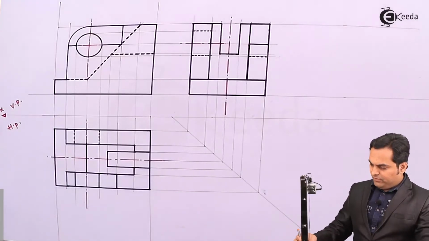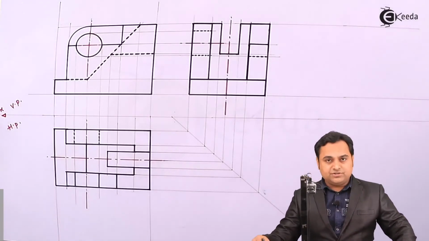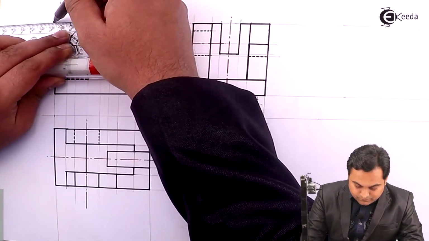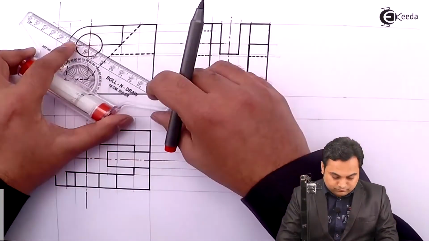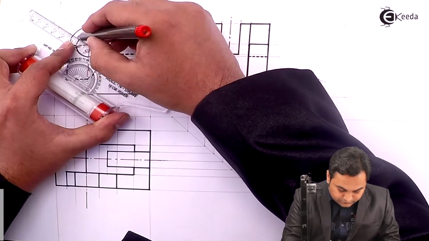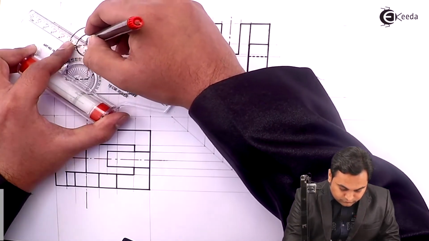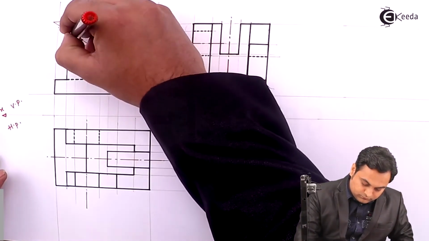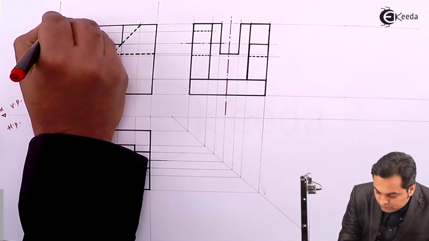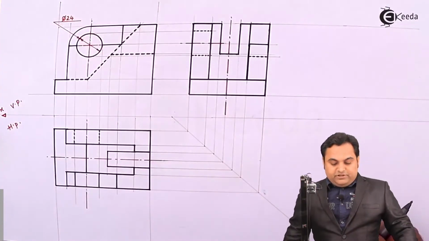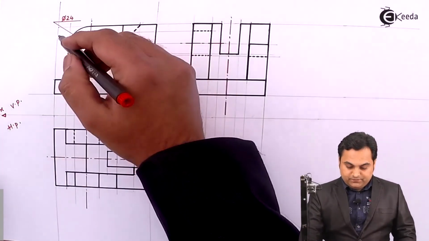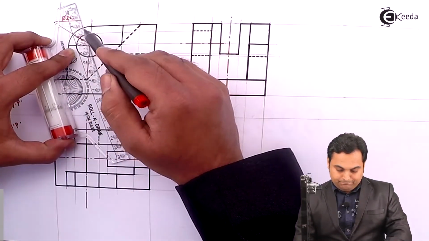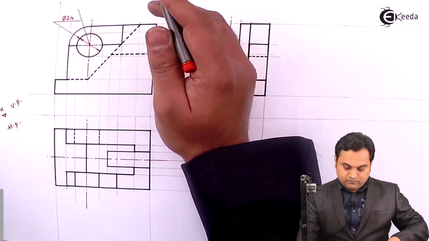Then after completing all the views, here I'll give the dimensions starting with this circle. Diameter is 24 mm. Then this radius is of 20 mm for the quarter circle.